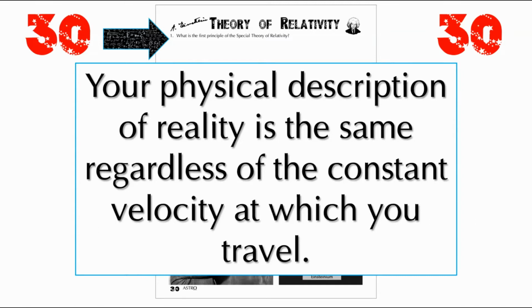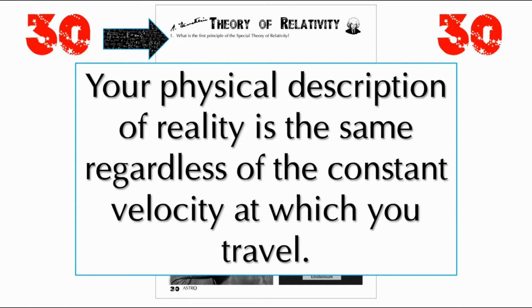If I got into a car, as a passenger, of course, safety first, and I am being driven at 50 kilometers per hour, I'm going to measure that ruler to be 30 centimeters. If I got in a train, traveling 150 kilometers per hour, I'm going to measure that handy-dandy ruler I seem to carry everywhere with me to be 30 centimeters.